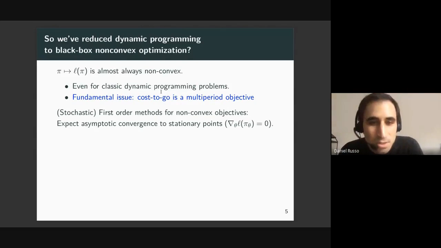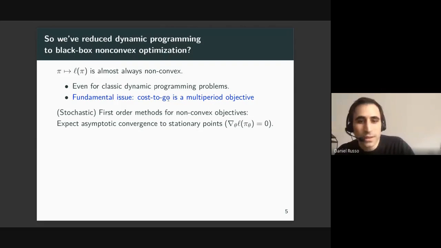And this is a somewhat fundamental, unavoidable issue, which has to do intuitively with the fact that the cost to go is a multi-period objective, which means that small changes in the policy can have a compounding effect over time because they influence the state distribution that you're at in future periods.